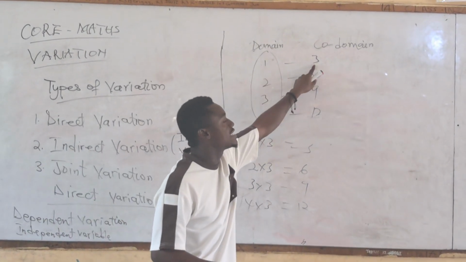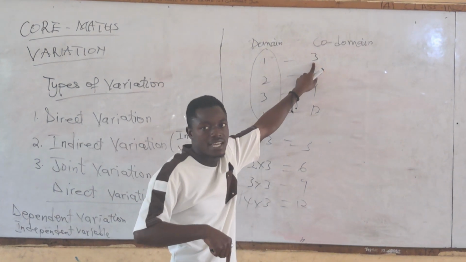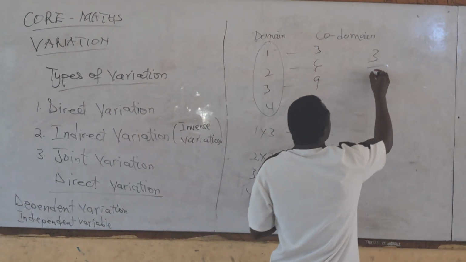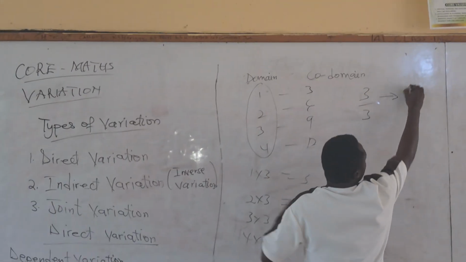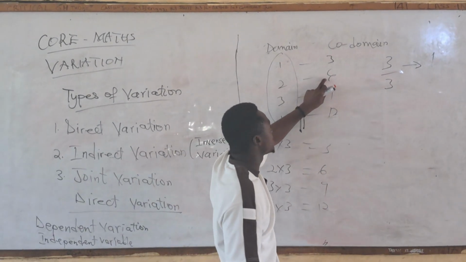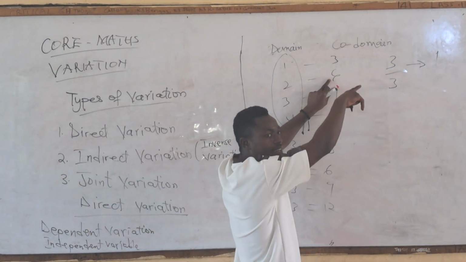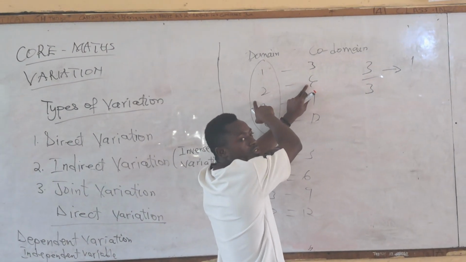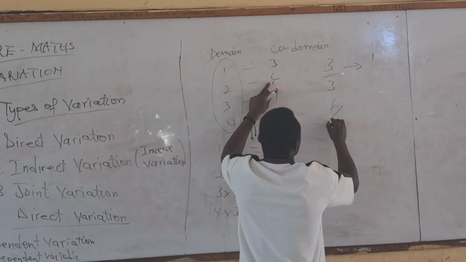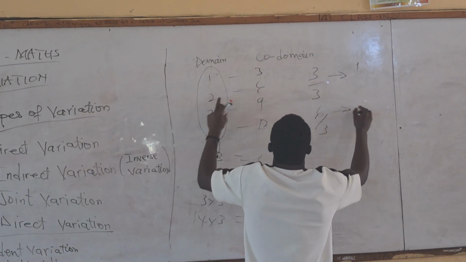If I divide this 3 by 3, I get the corresponding value here. If I also take this 6 and divide it by the same 3, I have to get the corresponding value here.